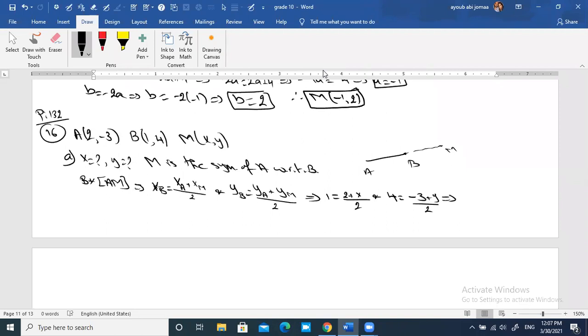So 2 plus x is equal to 2 times 1, and 3 plus y is equal to 8. Then x equals 2 minus 2, which is 0, and y is equal to 8 plus 3, which is 11.